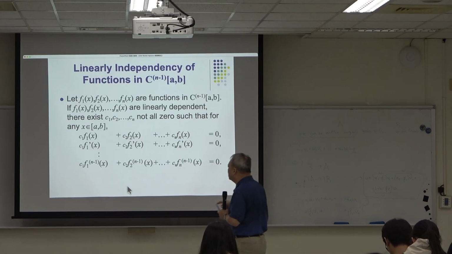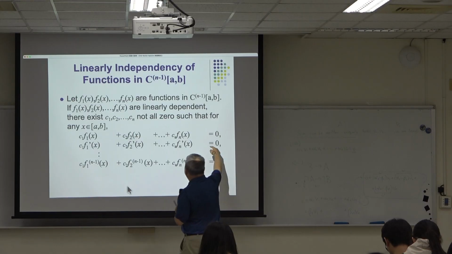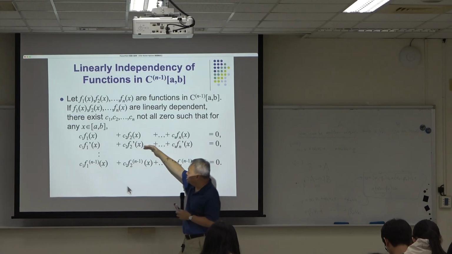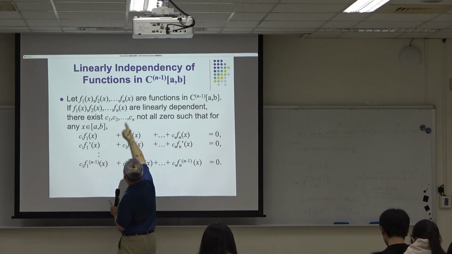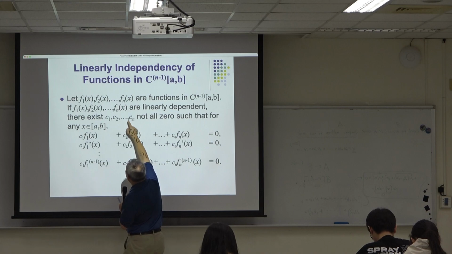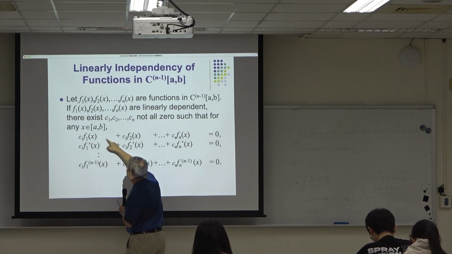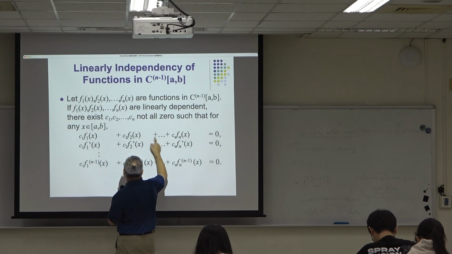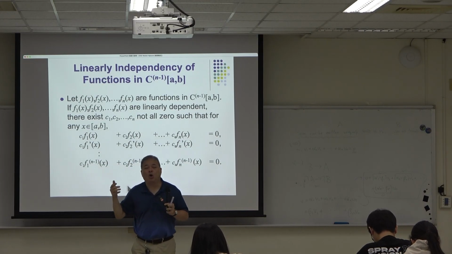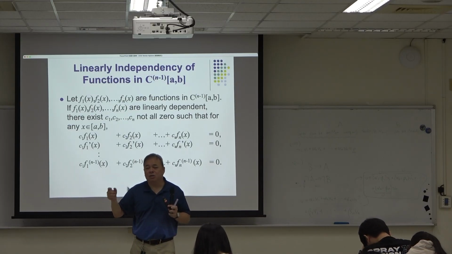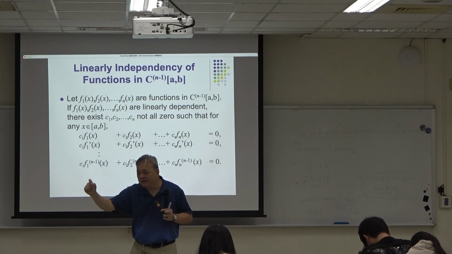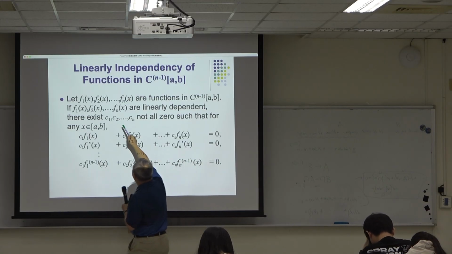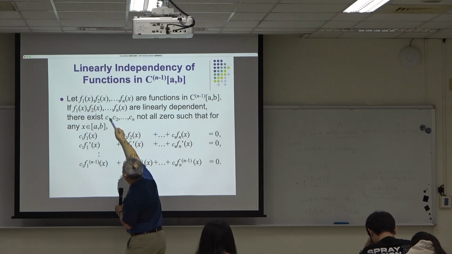It means the first row is given. Because we know f1 to fn are linearly dependent, there exist c1 to cn, not all zero, such that the linear combination of them is zero. The first row is given from this sentence.